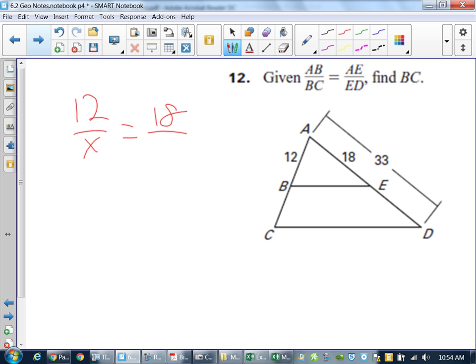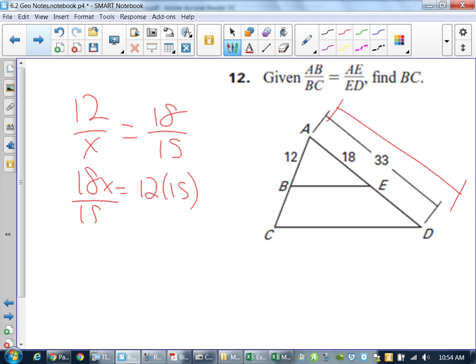But what's ED then? 15. Very good. Notice, sometimes you will have to figure out what a chunk is by adding or subtracting or working through it. They told us the whole segment. That's all it is. Again, cross multiply and solve. 18x is 12 times 15.